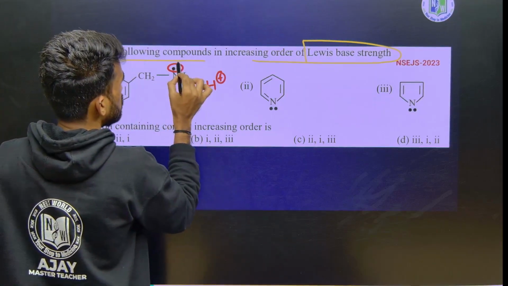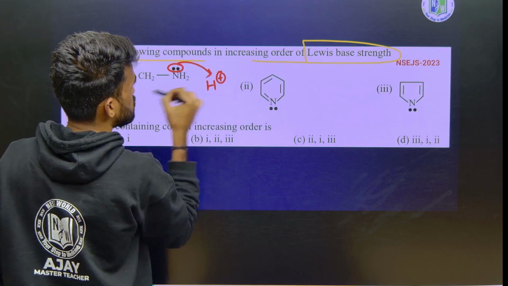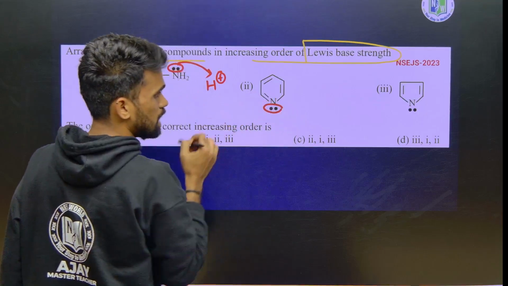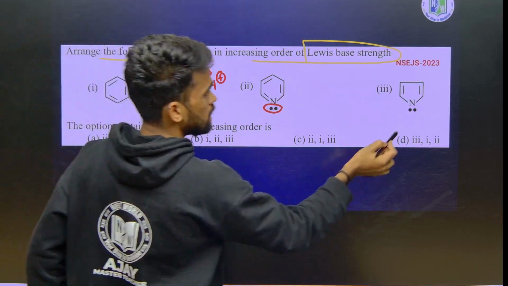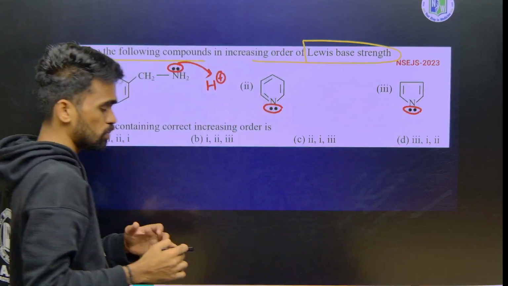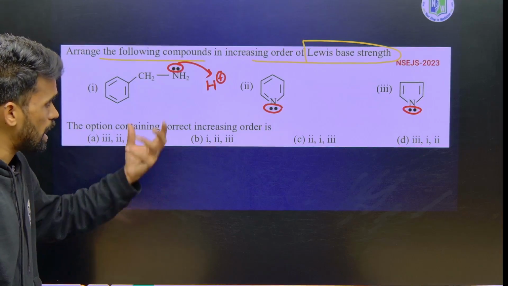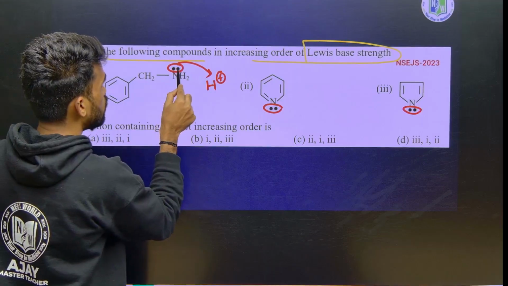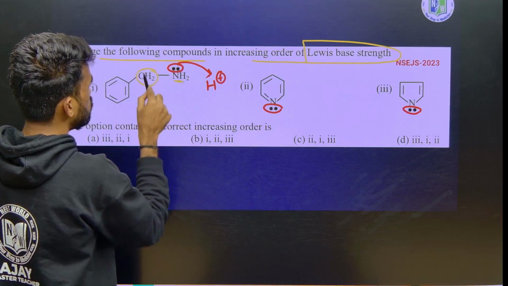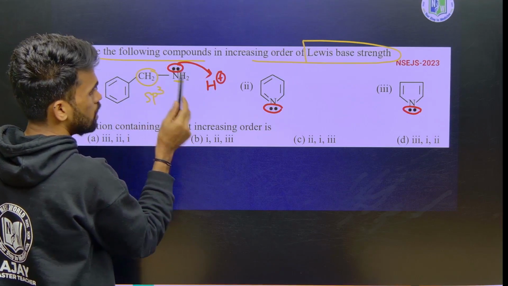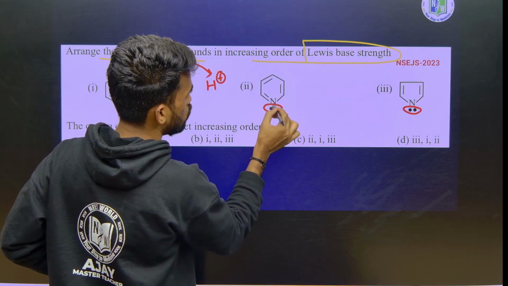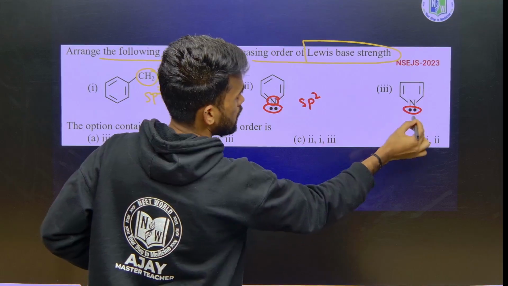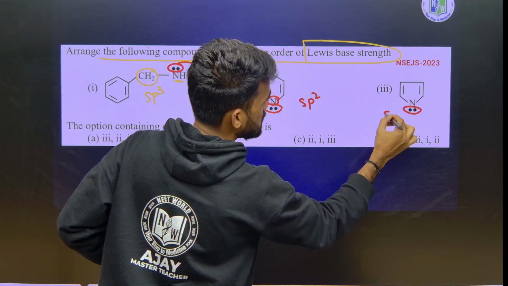So now these lone pair electrons can accept this H plus ion freely. Here also we have lone pairs, this can also show basic nature. Here also we have a lone pair that can also be basic by accepting a proton. But out of these three, which is more basic? This lone pair, nitrogen is attached to an sp3 hybridized carbon, whereas this nitrogen is attached to an sp2 hybridized carbon, and these are attached to sp2.